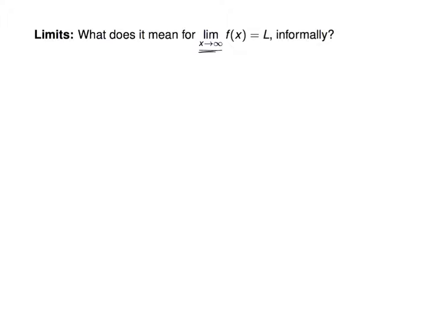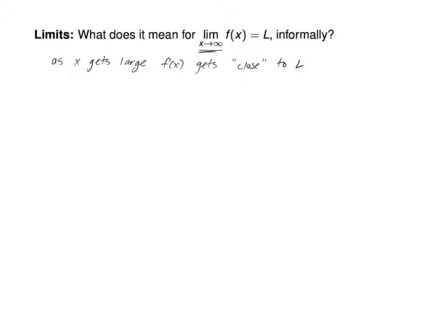So informally, what does that mean approximately? A horizontal asymptote, yep. What this could also mean is that as x gets large, f of x gets close to L. Does that idea make sense? If you plug in bigger and bigger x's, the thing that comes out comes closer and closer to that number.